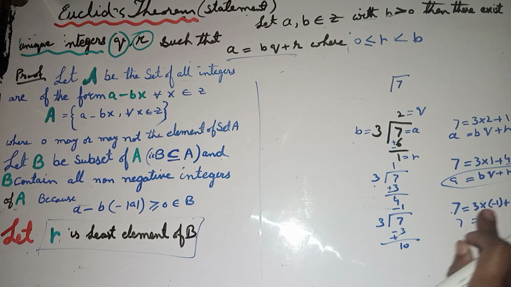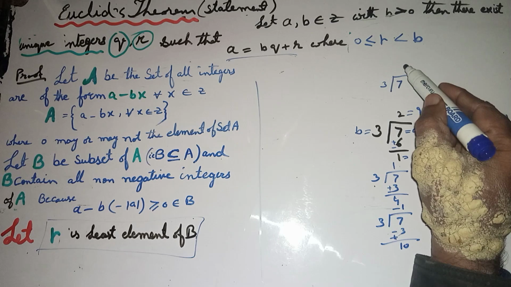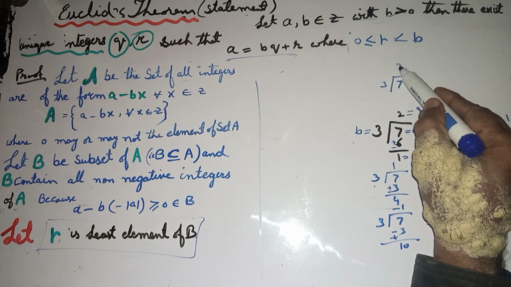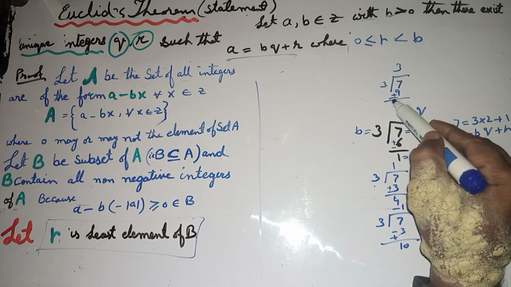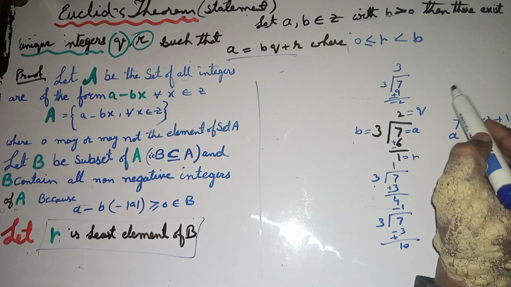And this can also be written in the form A = BQ plus R. And if I divide this with the table of 3, here comes 9 plus minus 2.